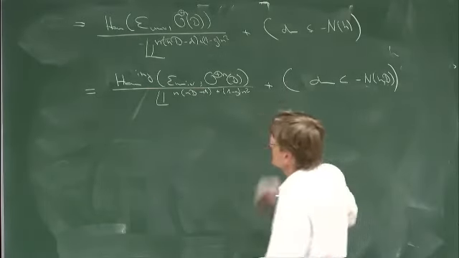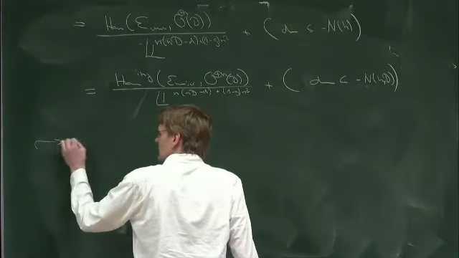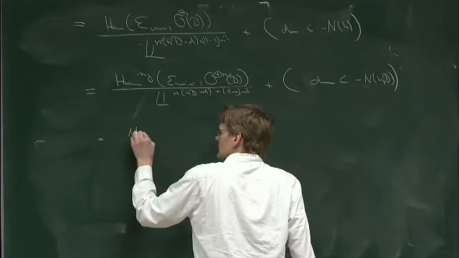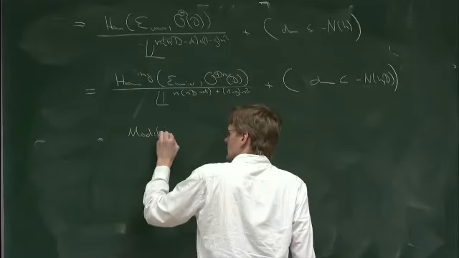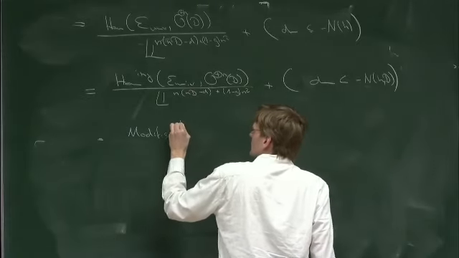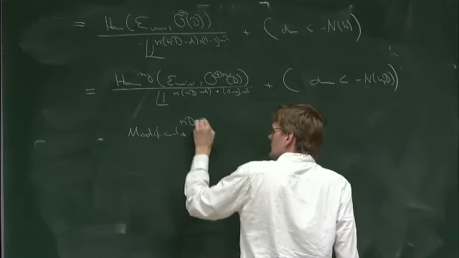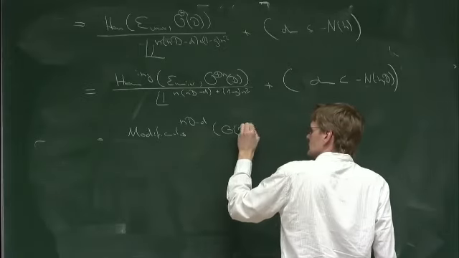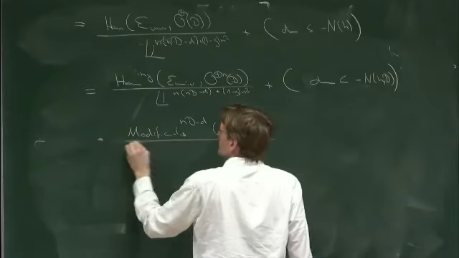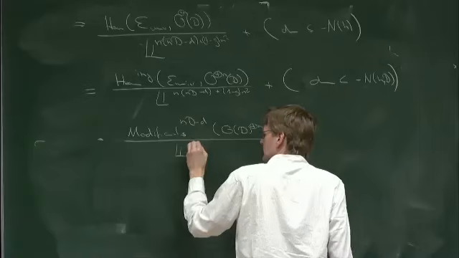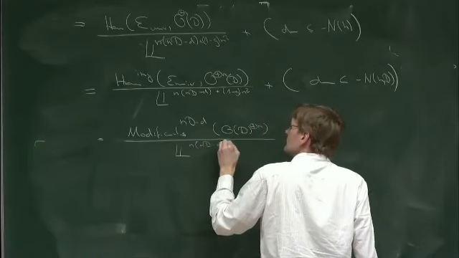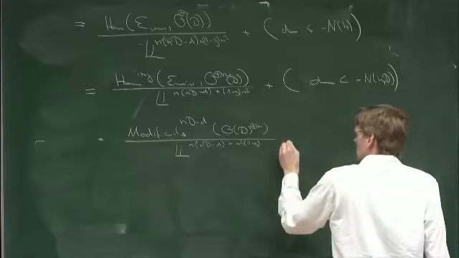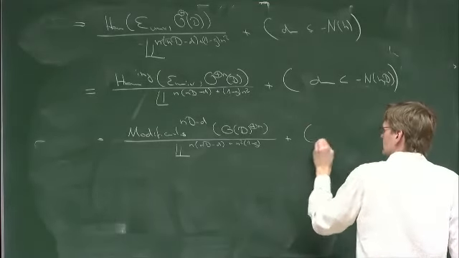So the only thing we need to compute is essentially the modifications of length ND minus D of this one fixed bundle, divided by L to the something, plus small terms.